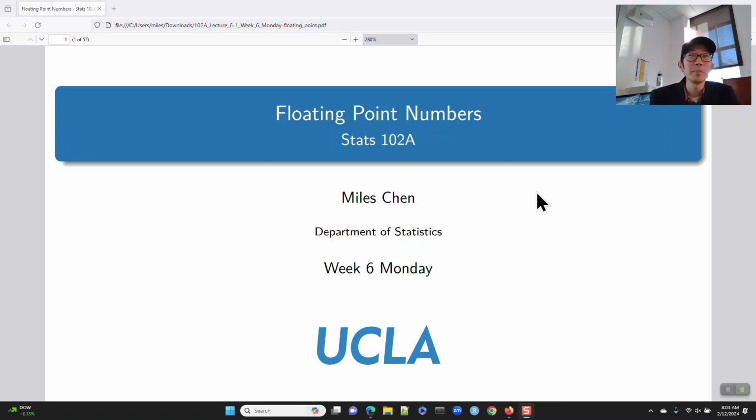There's a class, Math 151, that covers numeric methods. That's taught by the math department. It certainly goes a lot more in depth than what I will get into in this class.